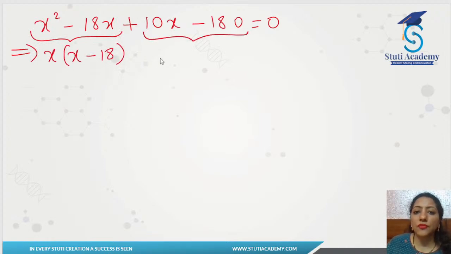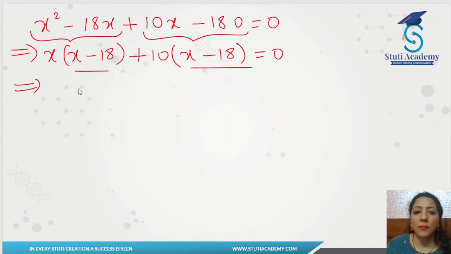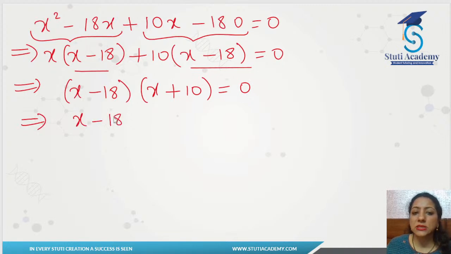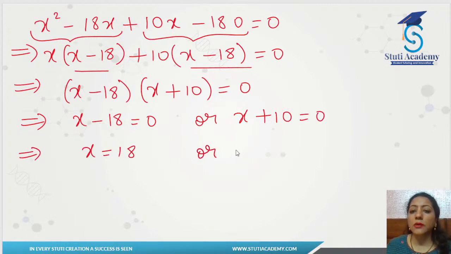We will take common from here; as we can see, we can take 10 common. So we will have x minus 18 here. And now we can take x minus 18 common in the next step, and then we have x plus 10 is equal to 0. So either x minus 18 is equal to 0 or x plus 10 is equal to 0. So we can say either x is equal to 18 or x is equal to minus 10.